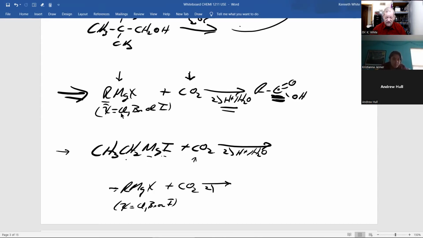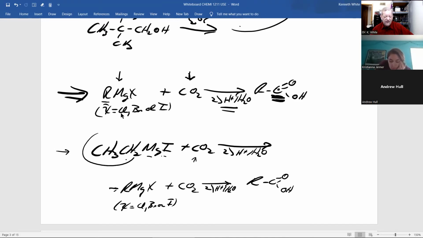CO2, carbon dioxide. Second step, acid and water. And you add a carbon. That's also another reason why Victor Grignard won the Nobel Prize, because here's another reaction where you can make something very special, very rare, a carbon-carbon single bond.